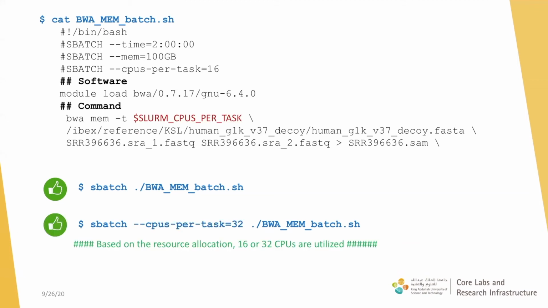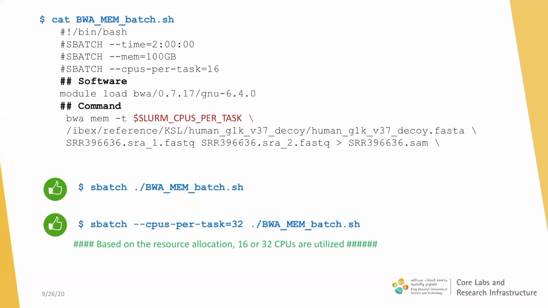In case you are interested in dynamically varying the CPUs per task option, Slurm supports an environment variable called SLURM_CPUS_PER_TASK. Here in this application, I specified the number of threads followed by the parameter SLURM_CPUS_PER_TASK as an environment variable.